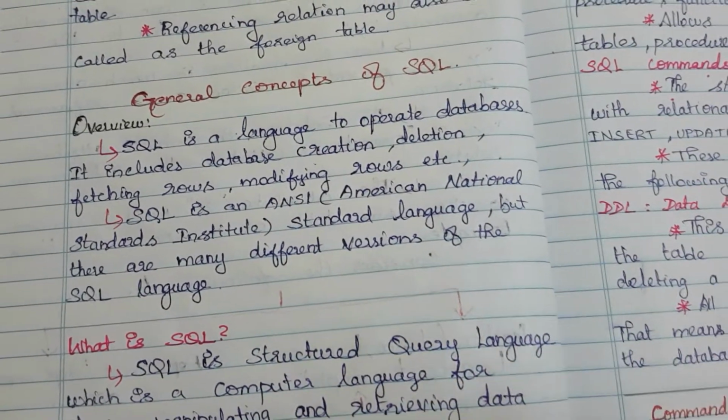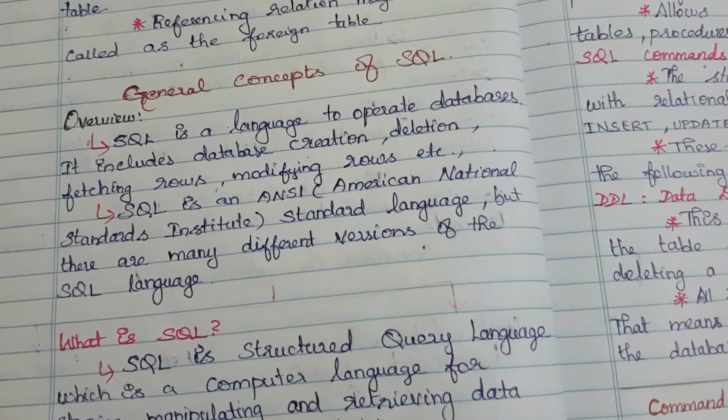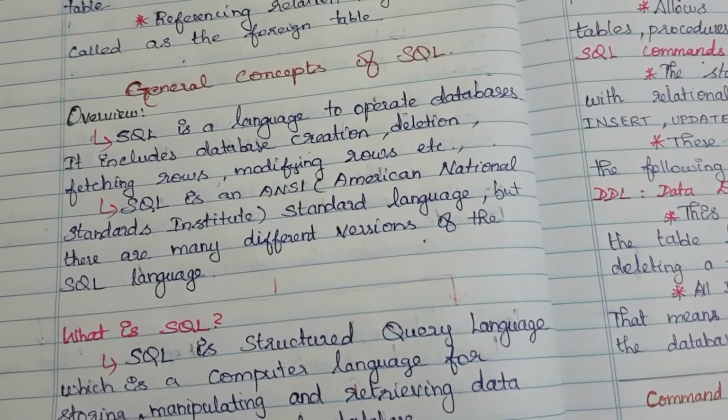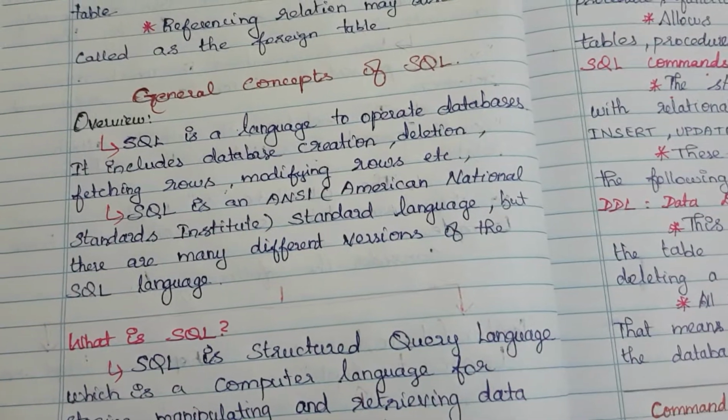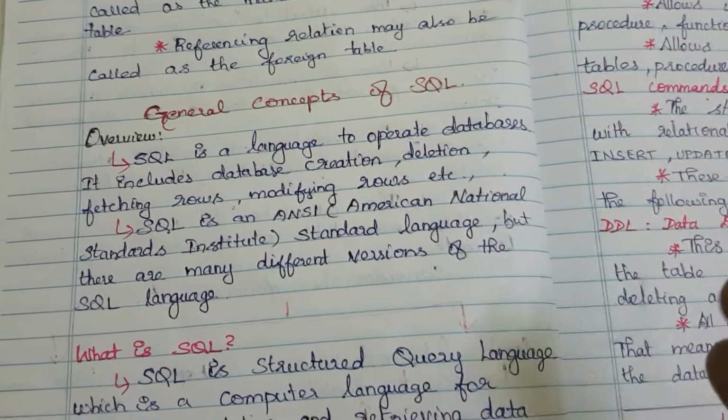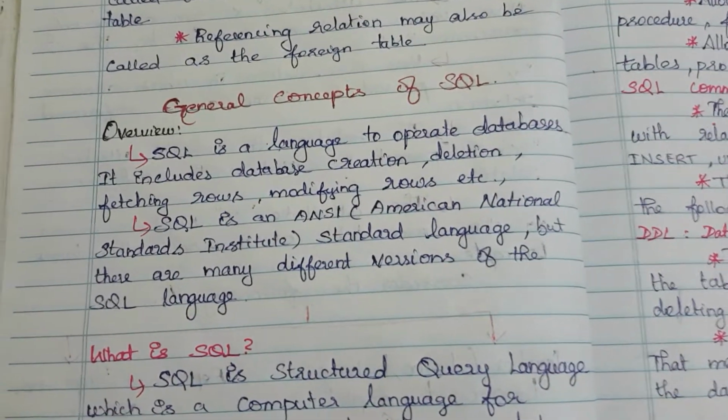What is meant by fetching? We can get it back. We can take the values from the rows and we can modify the rows also. So creation, deletion, updation and modification are all possible by using the language SQL.